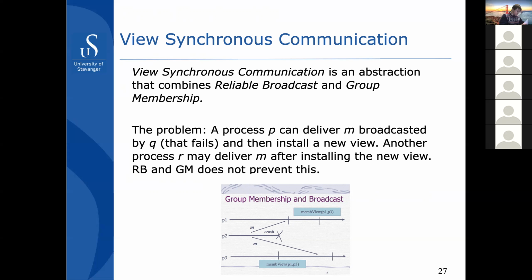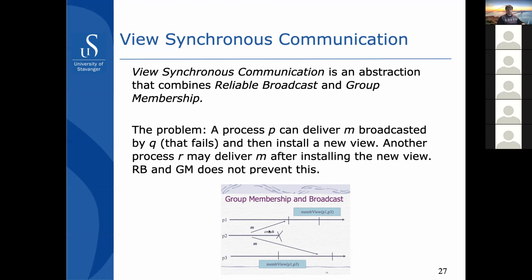But the idea here is to try to capture this particular problem, that the process P can deliver the message M broadcasted by a process Q that fails and then installs a new view. Another process may deliver M after installing the view.